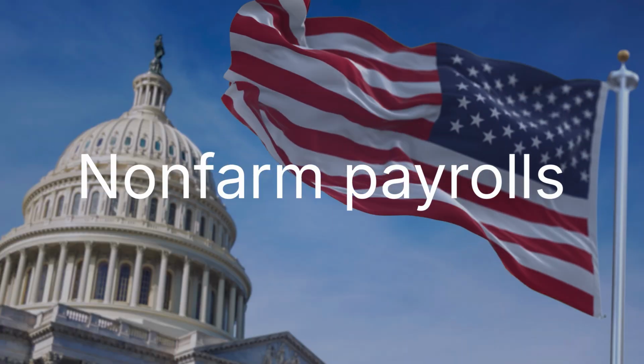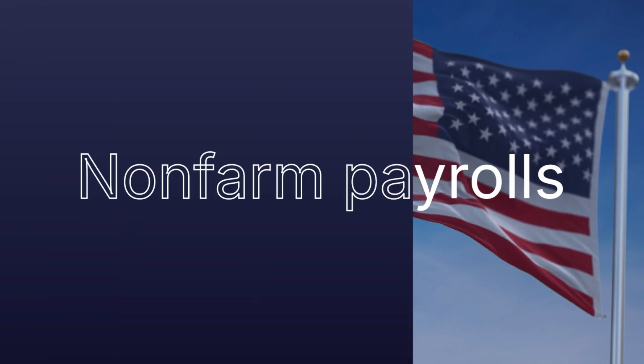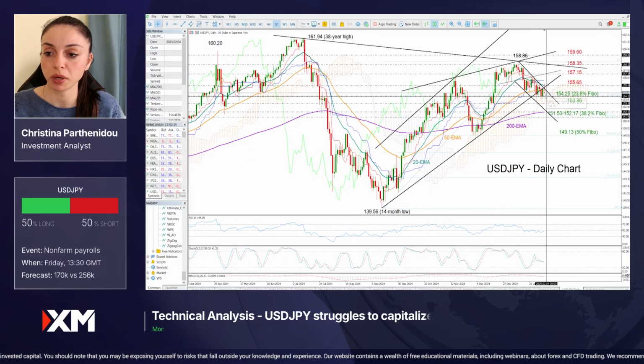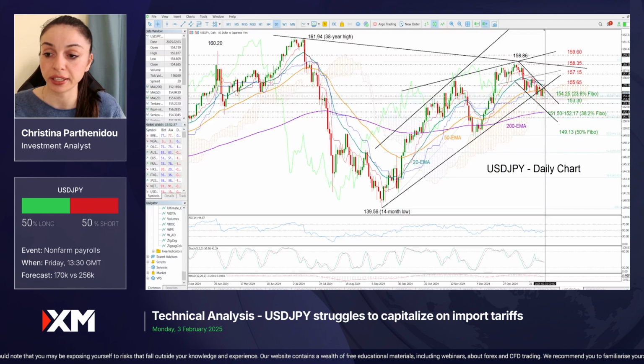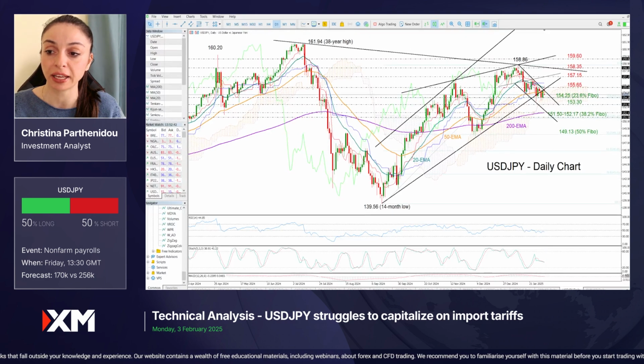Turning to dollar yen now, import tariffs helped the US dollar to gain significant momentum, but as regards dollar yen, the pair couldn't gain moderately today. It couldn't surpass the 155.65 zone either, and it's currently trading slightly negative.